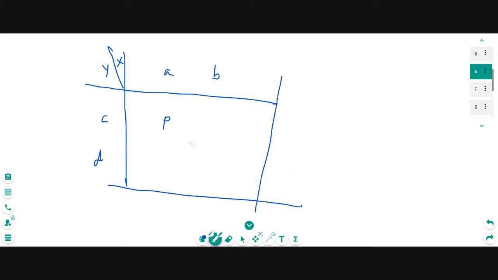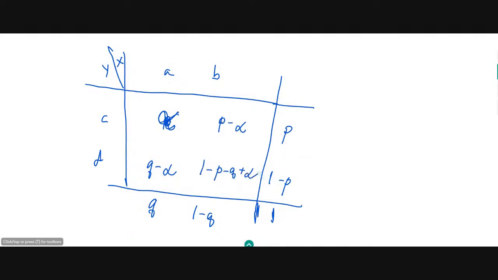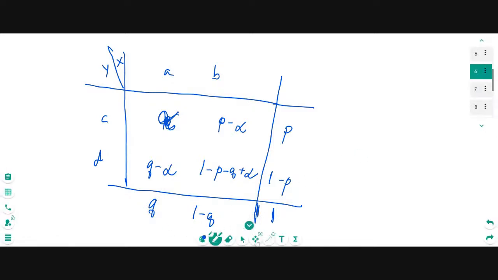The marginals: this is p, this will be 1 minus p, this to be q, and this to be 1 minus q. Let's take this to be alpha. You will see this is the deciding factor, and this will turn out to be q minus alpha, this p minus alpha, and this 1 minus p minus q plus alpha. Let's try to understand this.